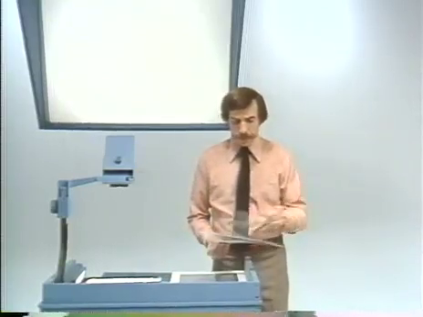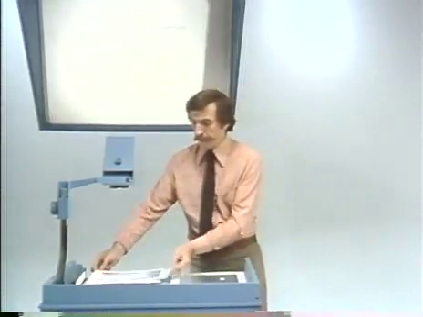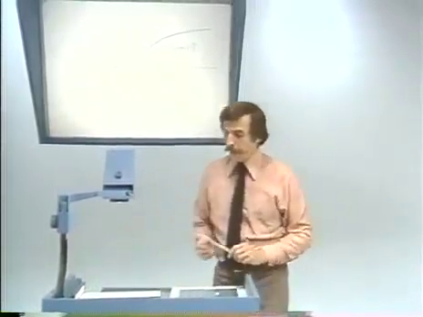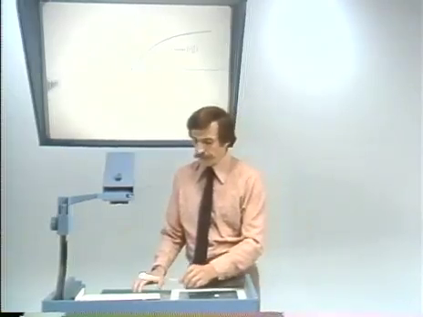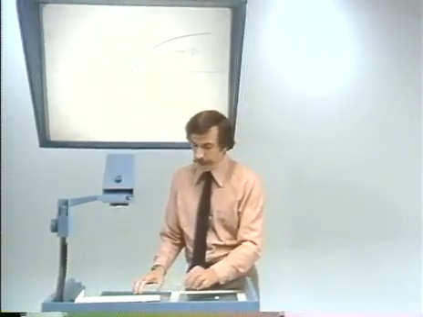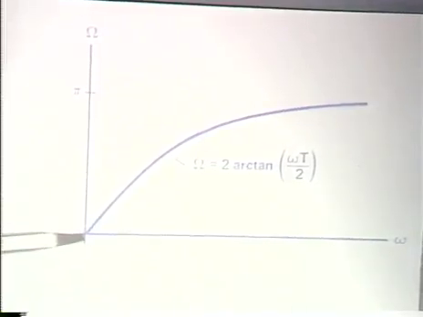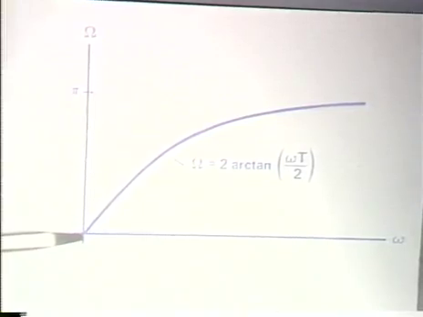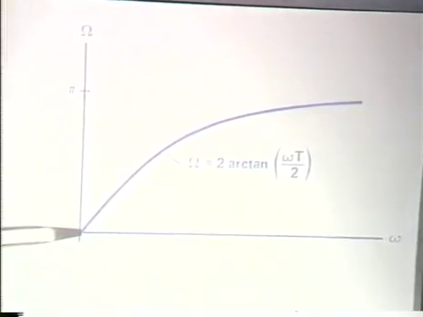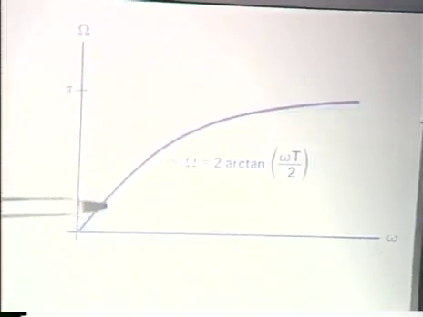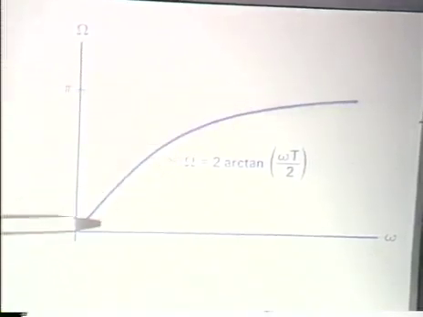And we can see how to both take account of it and what its limitations are by recognizing the following. Suppose that I want to design a discrete time filter, and the relationship between the two frequency axes will be given by this curve.